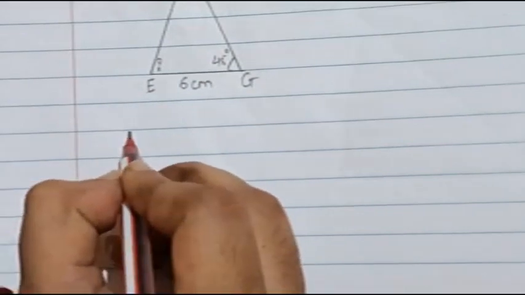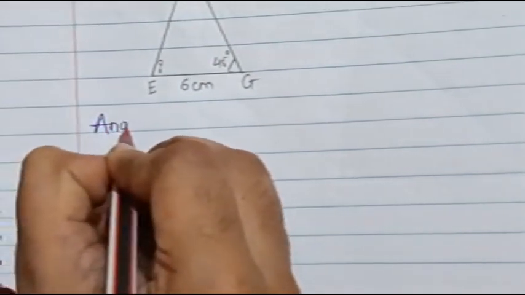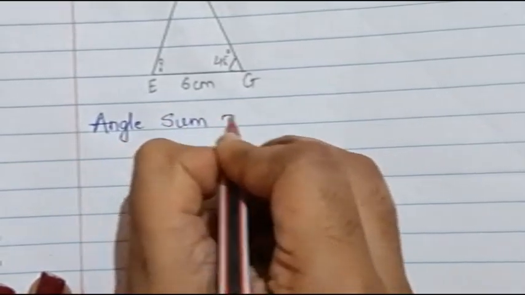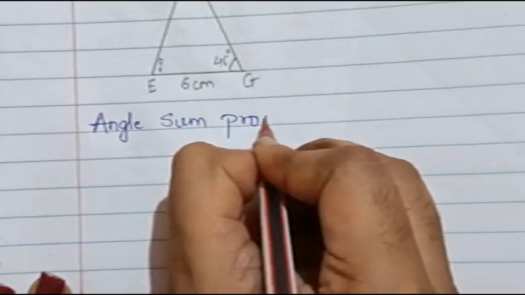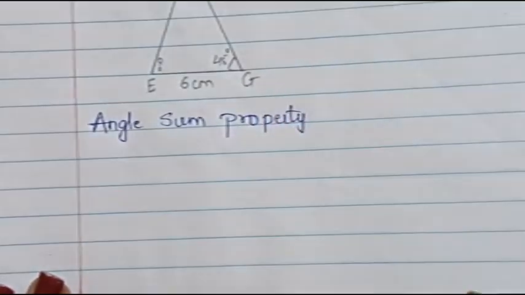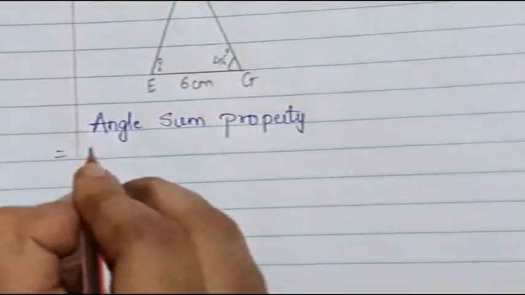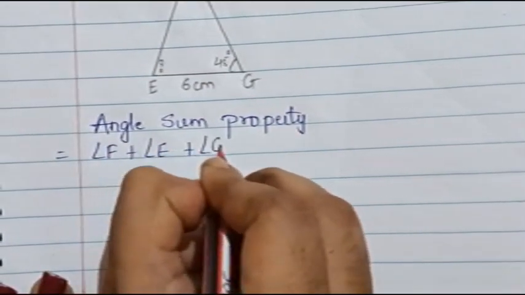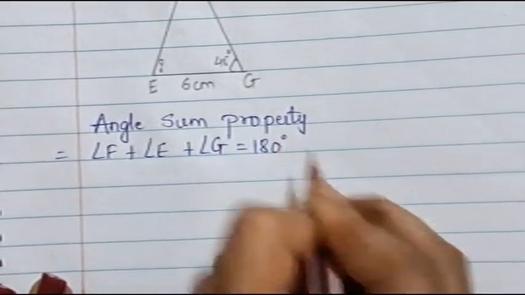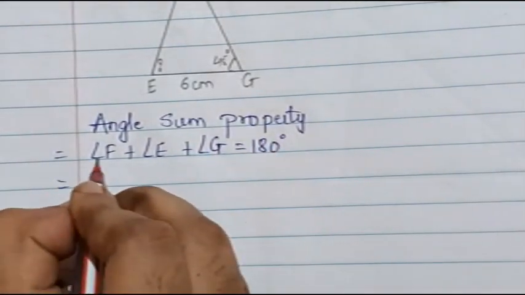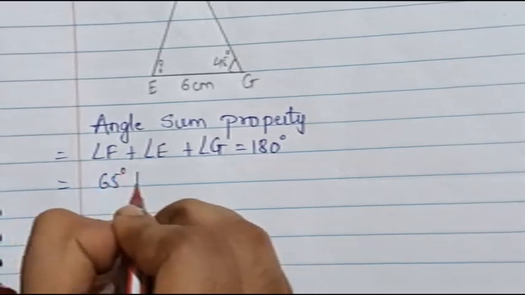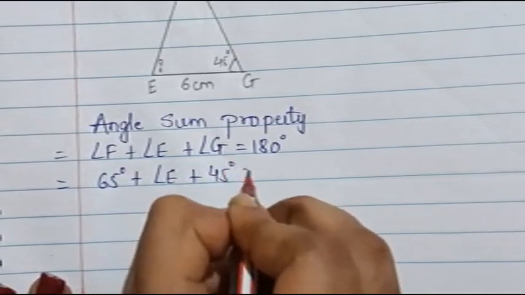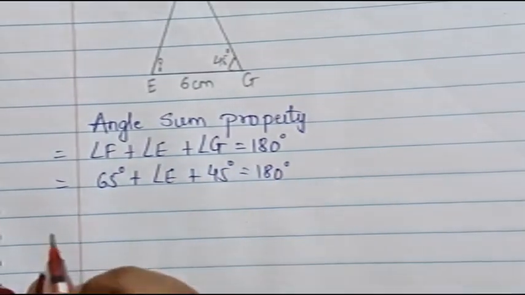By using angle sum property. This you have already studied last year, right? So that is angle F plus angle E plus angle G is equal to 180 degree, right? Angle F is given how much? It's 65 degree, plus angle E, plus angle G is 45 degree, that is 180 degree.